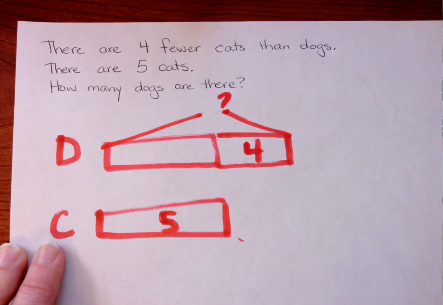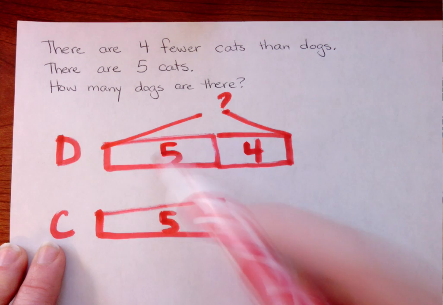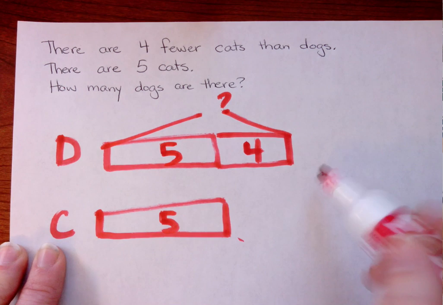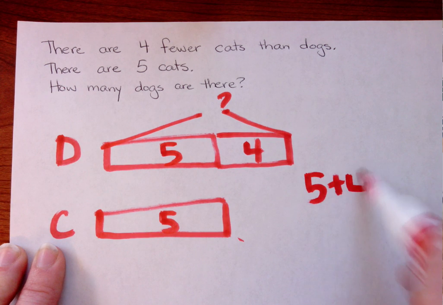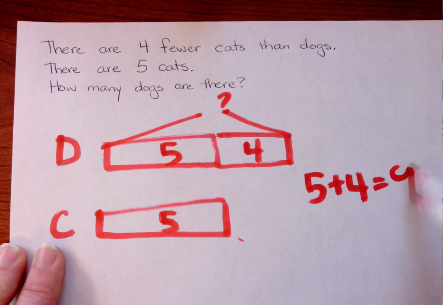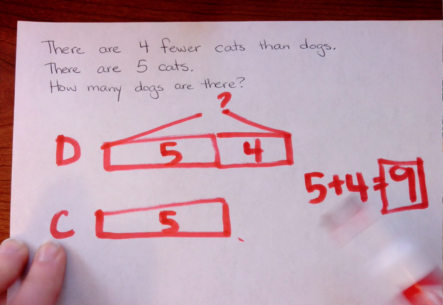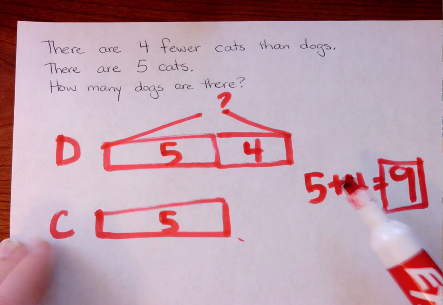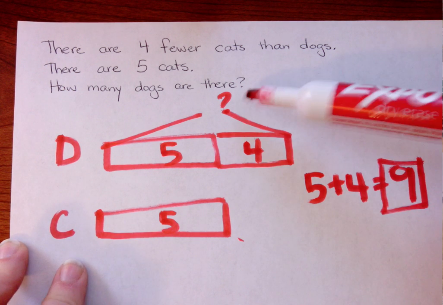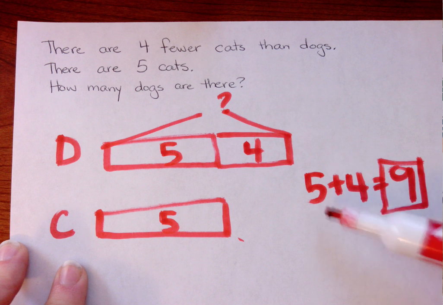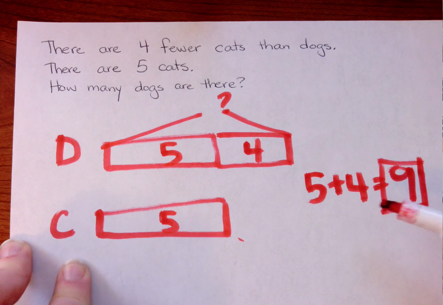And now I can see that this part of the tape is the same, and I would be adding to determine that there are 9 dogs altogether. Even though the word fewer isn't the problem, once we model all of the parts that we know and determine the unknown part, we see that we'll actually end up adding what we know together to find our unknown.